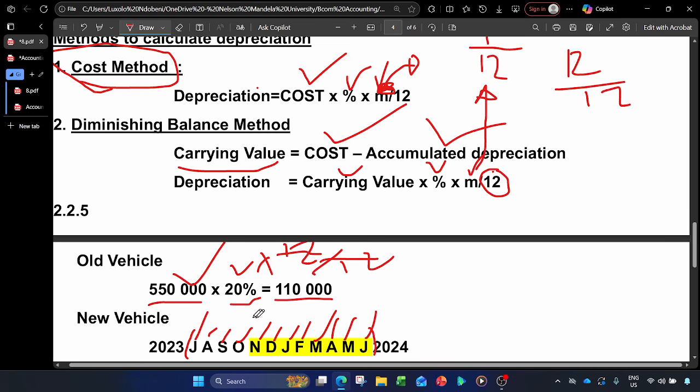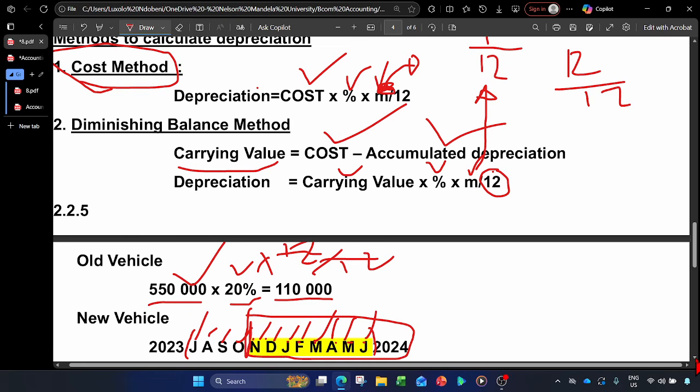So a new asset was bought on 1st of November, so 1st of November until June. Let's calculate the months that the new asset stayed in the business. It's November, December, January, February, March, April, May, June. Let me count: those are 8 months. So this asset stayed in the business for 8 months.